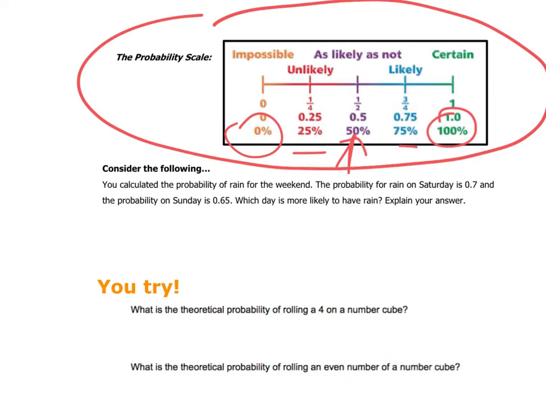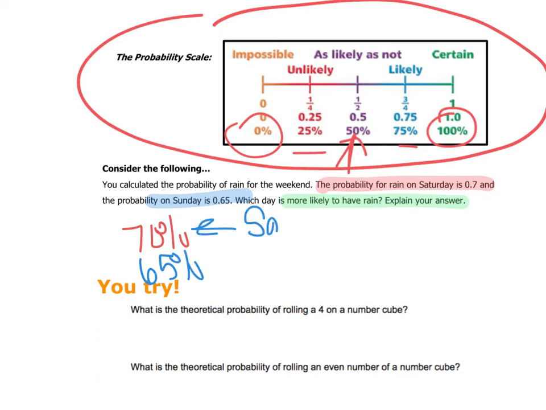So our question here is, the probability for rain on Saturday is 0.7 and Sunday is 0.6. When are we more likely to have rain? Well, I like to think in terms of percentages. 0.7 on Saturday is going to be a 70% chance of rain, and 0.6 on Sunday is or 0.65 is a 65% chance of rain. So Saturday has a better chance of rain than Sunday.